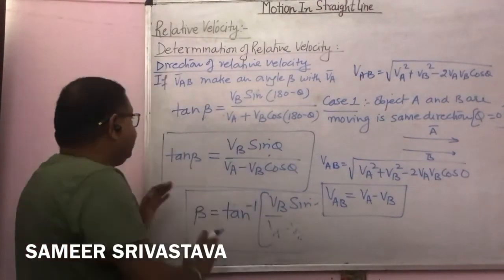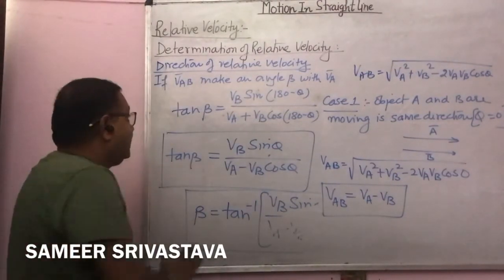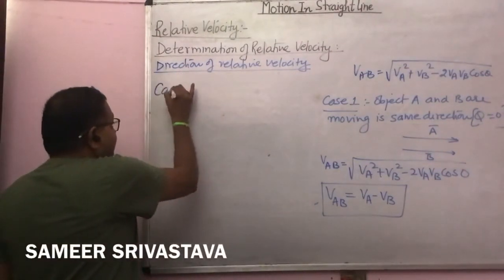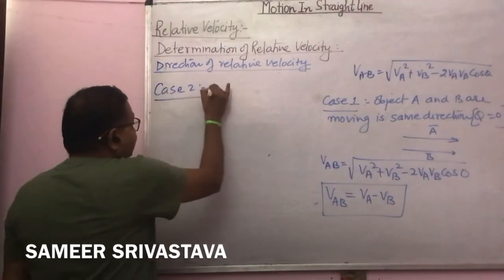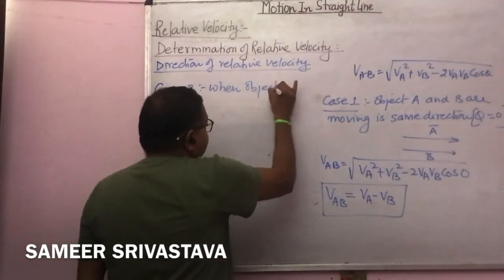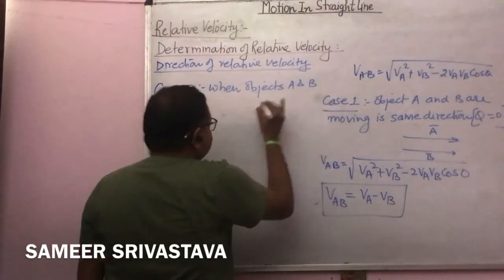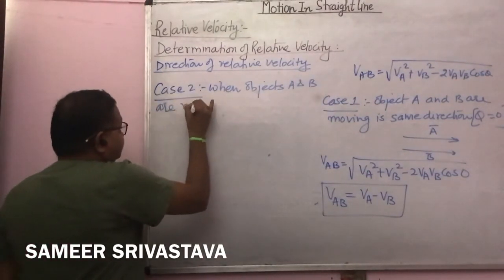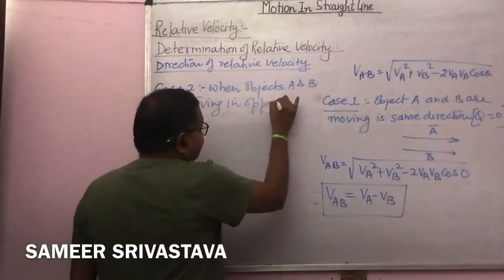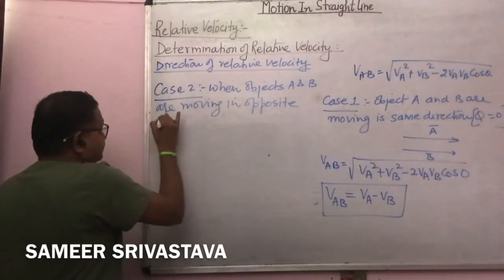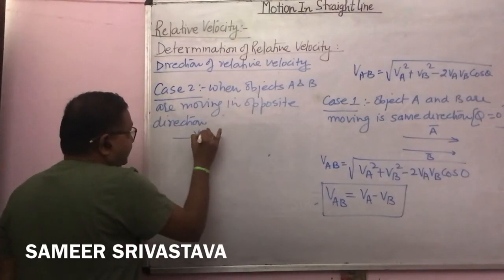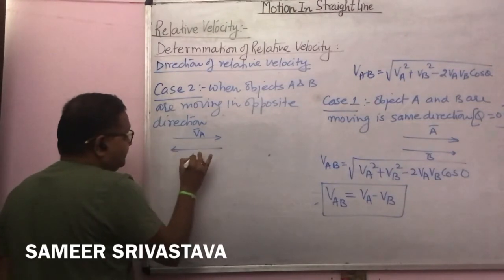But when the objects are moving in opposite directions, students, case 2 says: when objects A and B are moving in opposite directions, what does it mean? It means object A is moving like this and object B is moving like this.